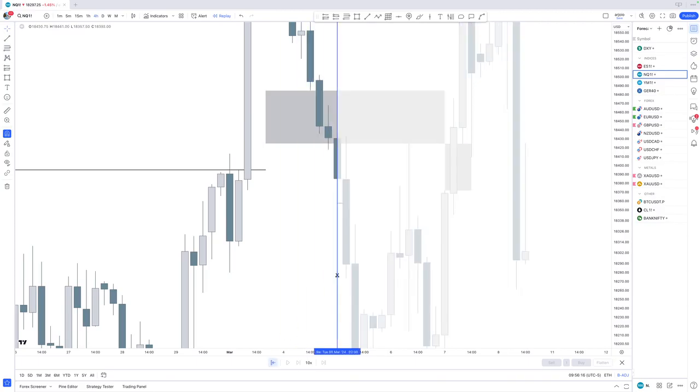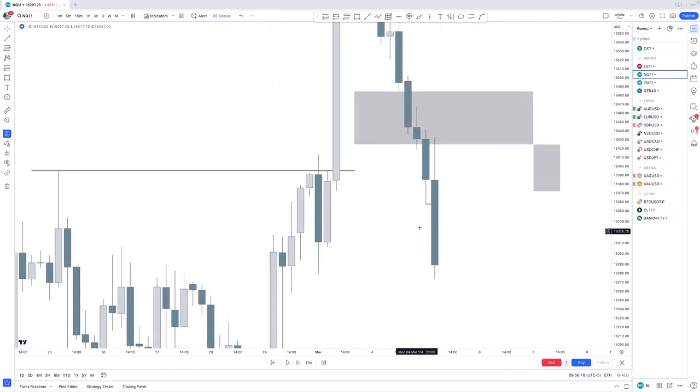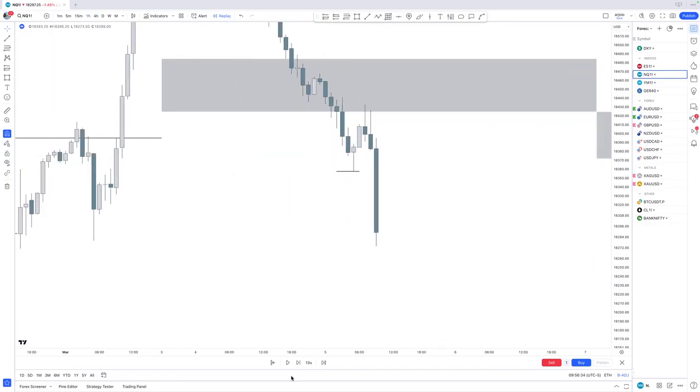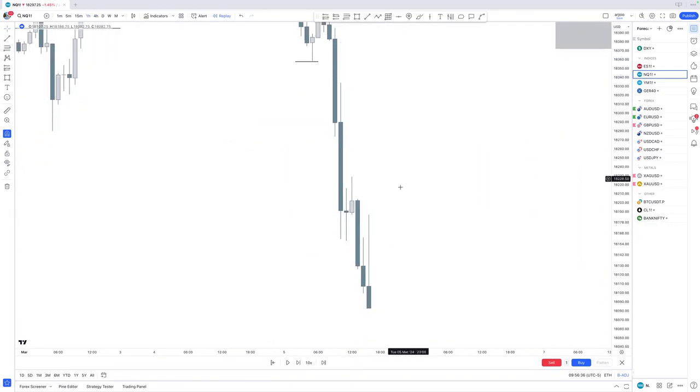Because if we now want to continue higher, the only thing we can really do is sweep this previous candle low right here to then have this up candle, which you can see we are doing the exact opposite. So then it becomes fractal rejections, small rejections, where after this we can confidently say, all right, let's find any 1-hour value to continue lower off of that, if that makes sense.